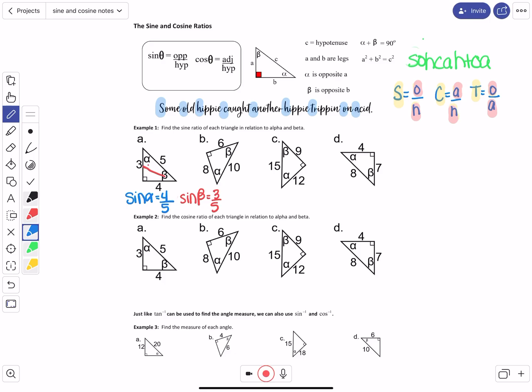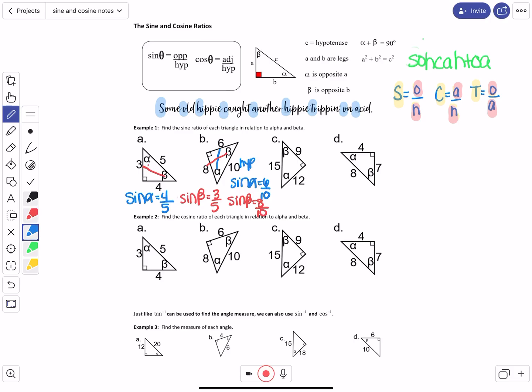So for B, your sine of alpha, opposite is going to be 6. Hypotenuse is 10, and it may help for you to go ahead and label hypotenuse first so you know which number is always going to be on the bottom. Then your sine of beta, so go opposite, is going to be 8 over 10.